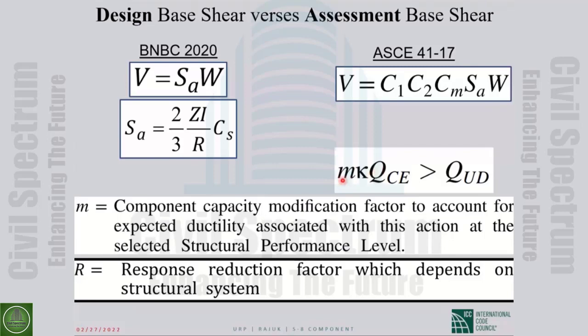But at the same time, for that specific element, the M for IO is less, because in a way M shows the acceptable level of damage. So for IO we accept less, for LS more, for CP more.